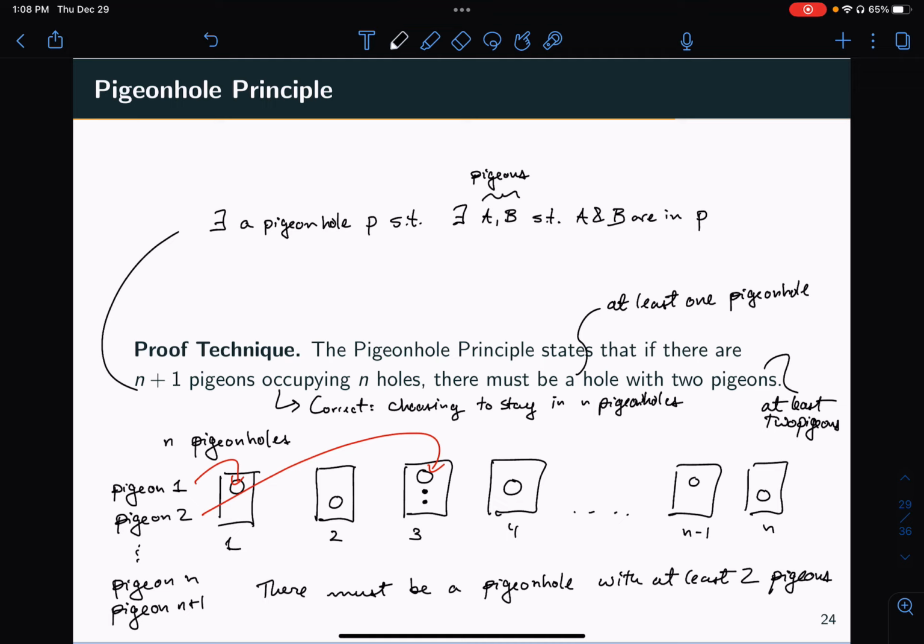And so this is what the pigeonhole principle tells us, okay? And so now what we're going to do is we're going to use the pigeonhole principle to actually prove a mathematical statement.